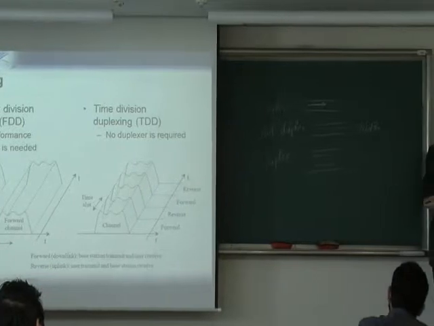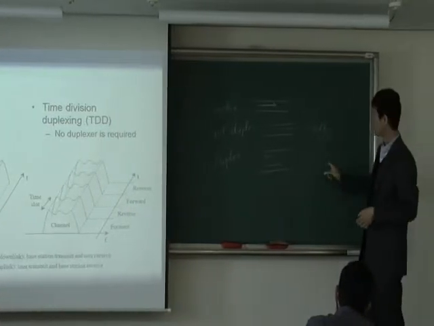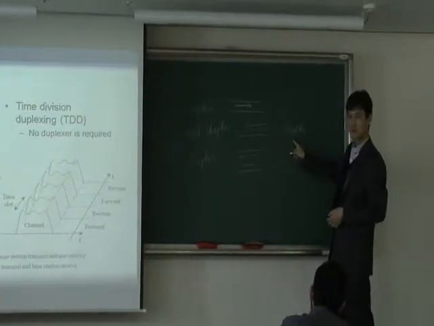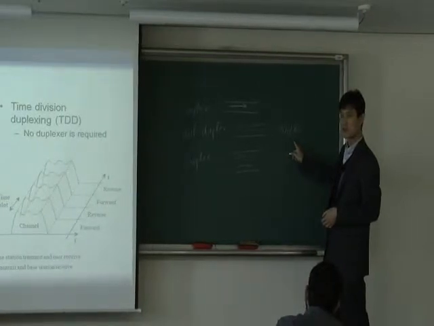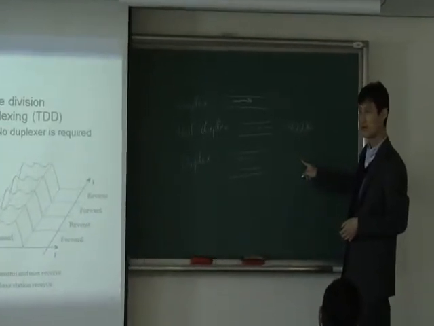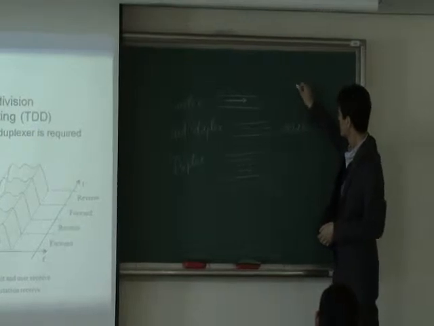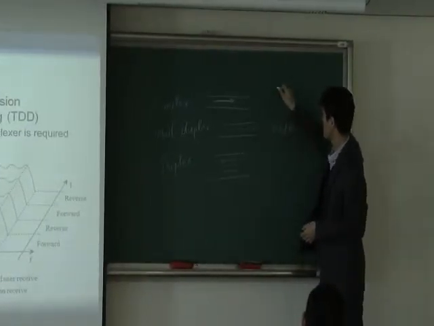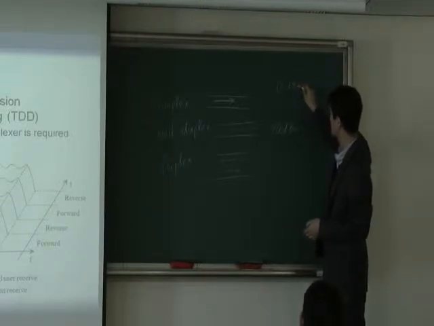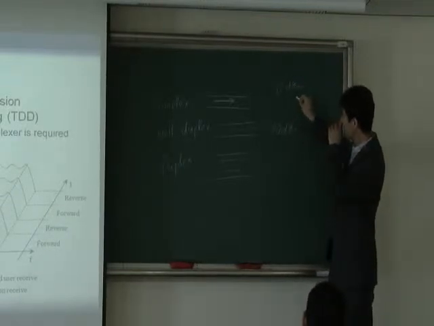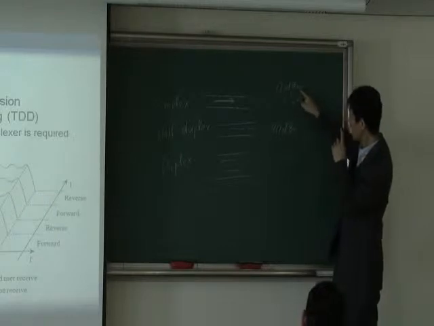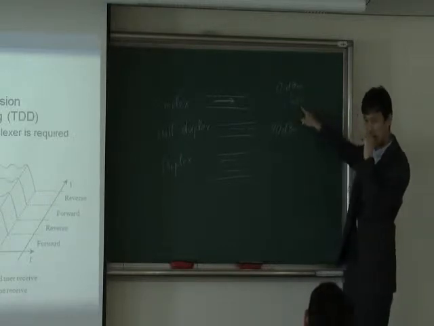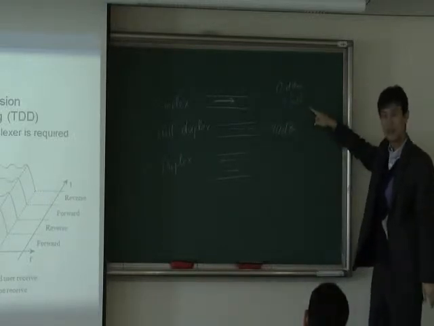So how much power is this? This is dB, right? So what is the actual power? Let's say 0 dBm. What is the receive power? 1 milliwatt. dBm means it's milliwatt. 0 dBm is 1 milliwatt.